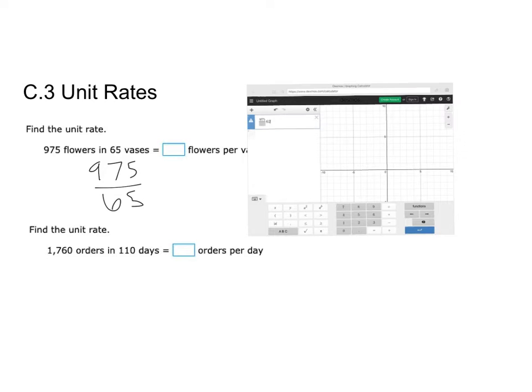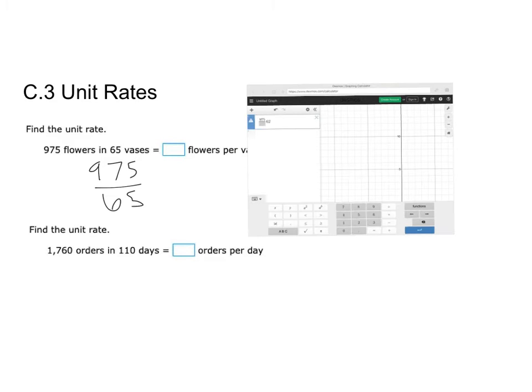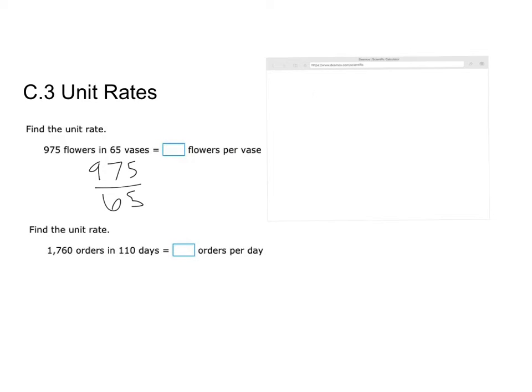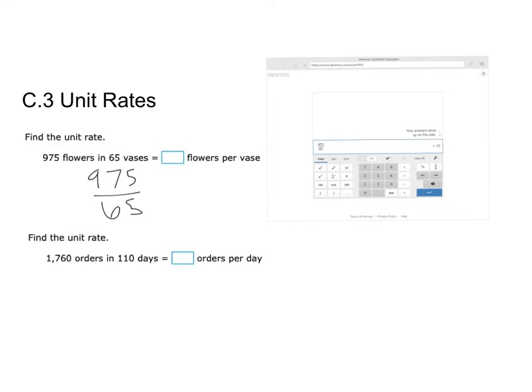That is not working. Let's delete this. So we've got 975 divided by 65, and that's going to give us 15. And so that means there are 15 flowers in every vase.